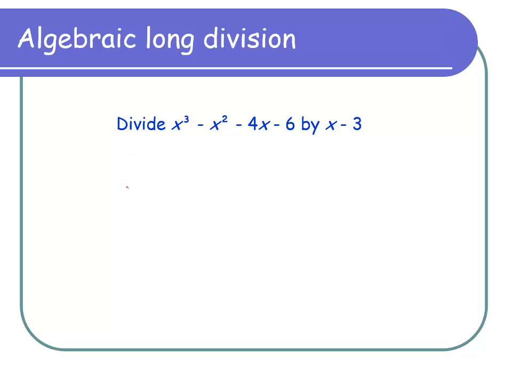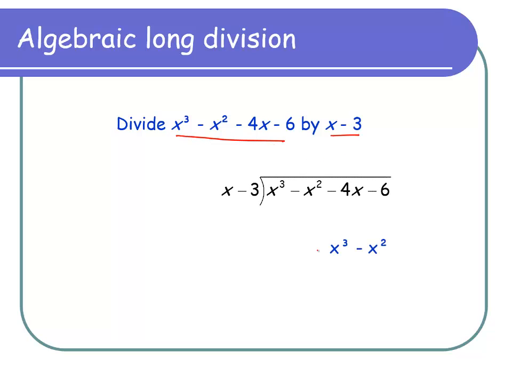And the last method that we can use to factorize a cubic is algebraic long division. I've already talked a little bit about this in class, but I'll go through it again right now. So we're going to divide a linear factor of x minus 3 into our cubic here. At this point I just want to point out that there are three parts to long division.